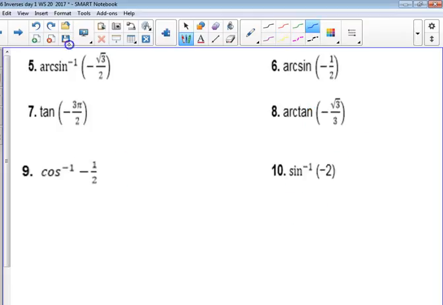Number 5, arc sine negative square root of 3 over 2. That's a great question. No, I don't know what that means. It should have one or the other. Shouldn't have both.